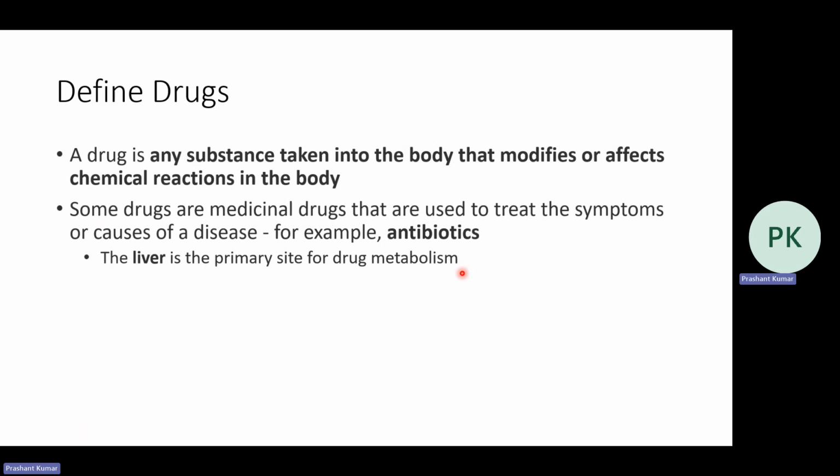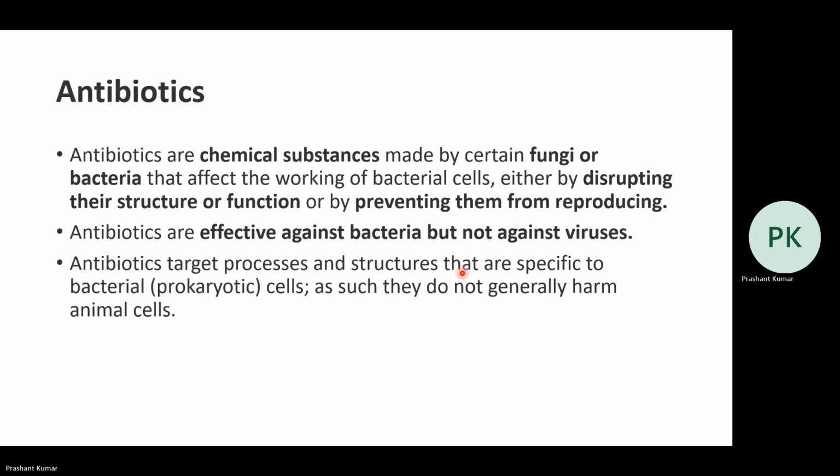If it is bad, the liver will try to detoxify it. If it is good, then it is released into the blood, and through the blood it will reach the target part and affect it there. Then after a few days, you will feel good; that drug has worked on the body. So this is the basic idea about what a drug is and how it works.